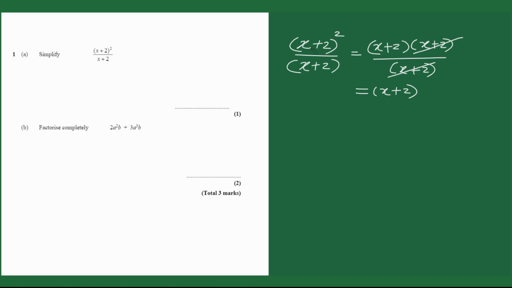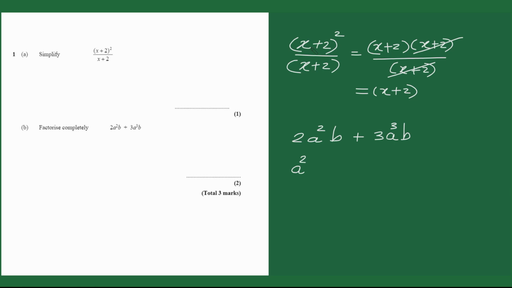Second question, factorize completely. 2a squared b plus 3a cubed b. We need to find the factors of these two terms, a squared and a cubed. So a squared, we can take it out.